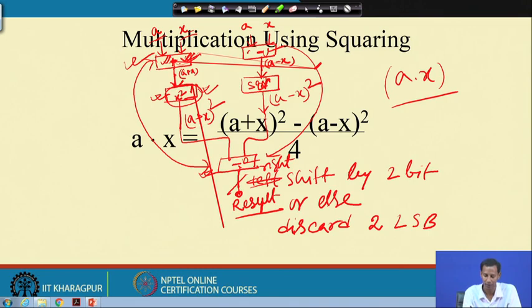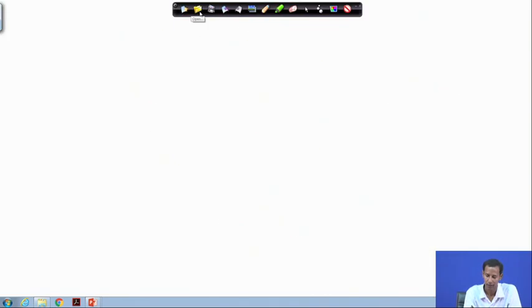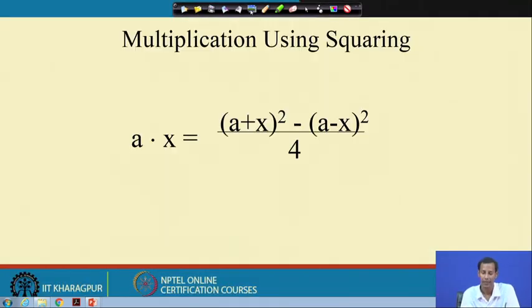That is why this particular structure is beneficial whenever the length, the number of bits of A and x, is small.